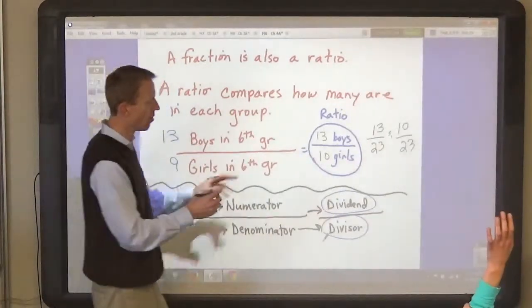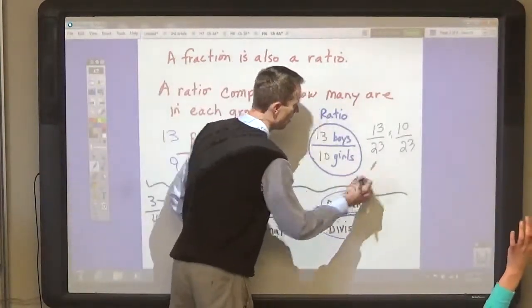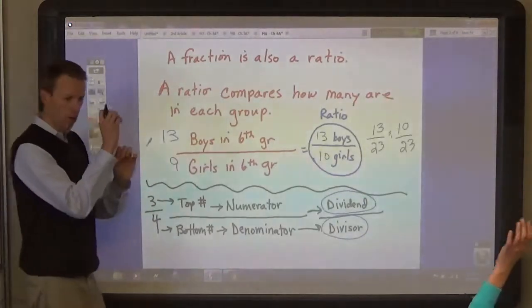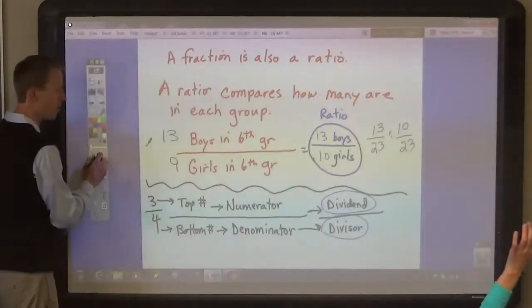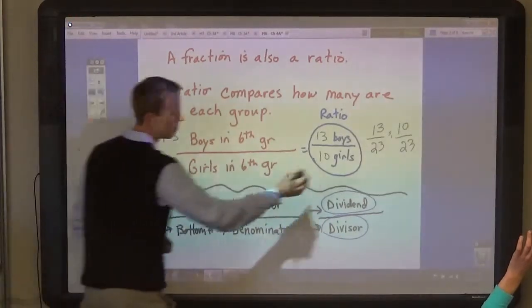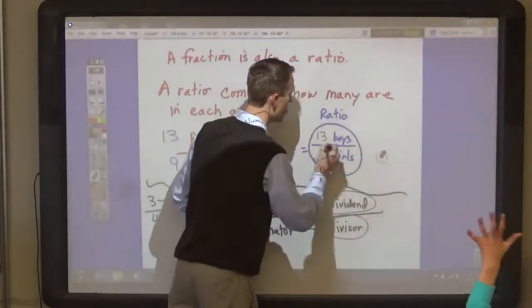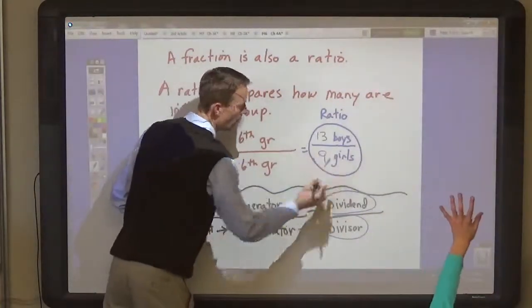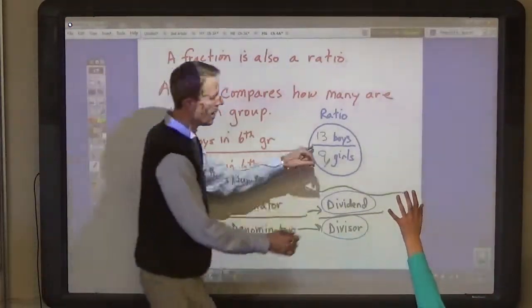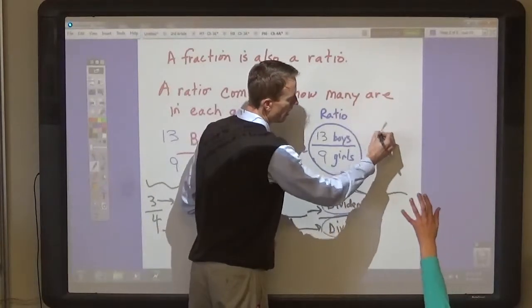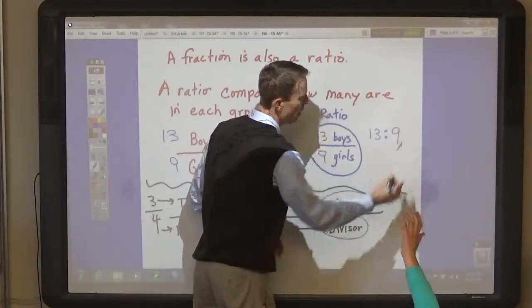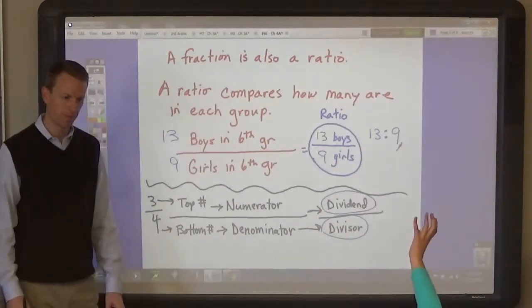Or you would write the boy number first, like we did here, with the colon between them, like this. Changing our numbers for this year, 13 and 9, right? And if you wanted to write it with a ratio like 13 to 9, you'd write it that way. Okay?